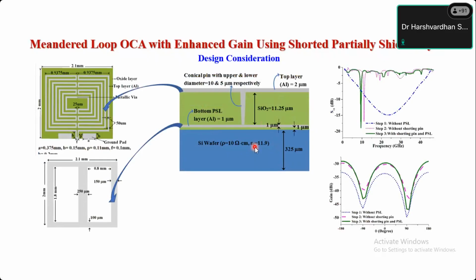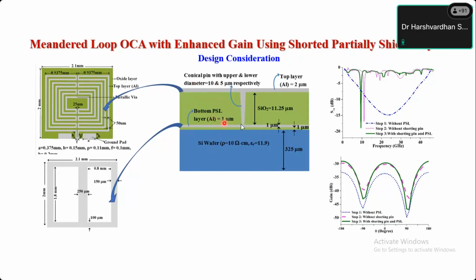Now you can see we are slowly going toward antenna miniaturization also. For the simple patch, we have used the meandering technique to reduce the antenna size. The meandered loop technique is used to reduce the physical size of the antenna, but it is not reducing the electrical length of the antenna.